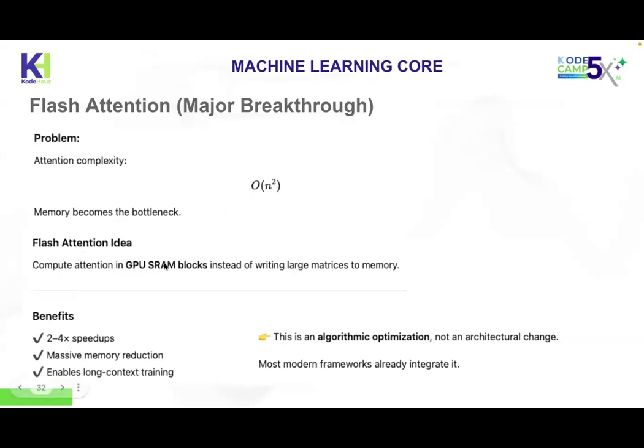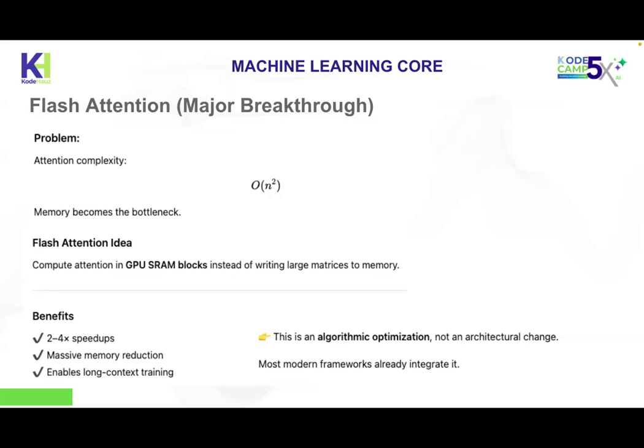So the idea with flash attention is that you now compute the attention in GPU static RAM blocks. Basically, you now have hardware customized to handle attention. We now move these matrices from DRAM, which is dynamic RAM in the computers, into SRAM, which is static RAM, which can handle it in parallel.